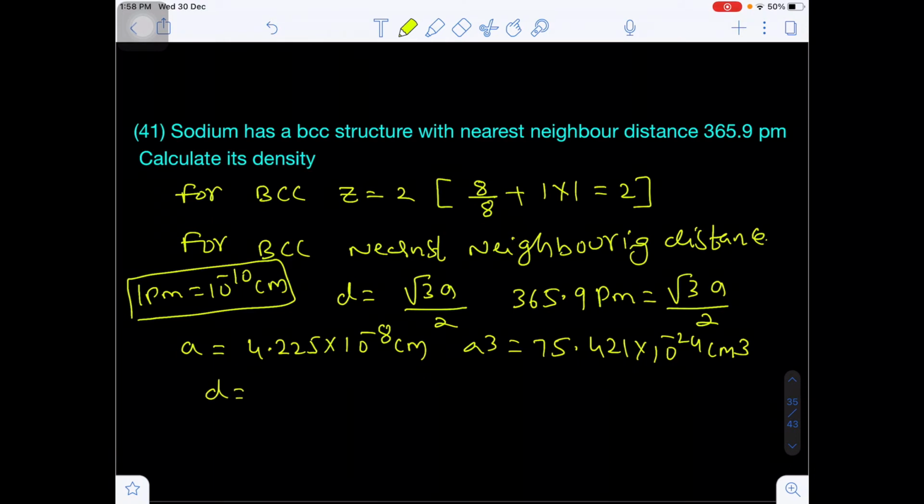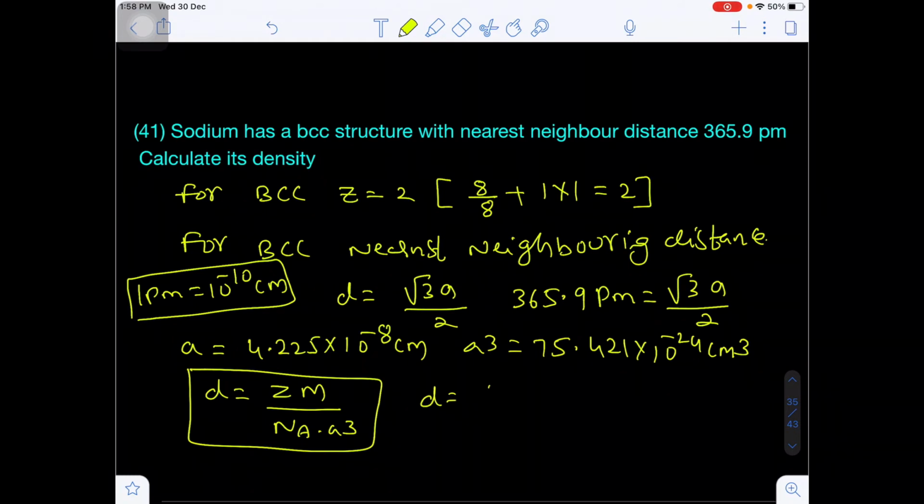From here what will be the density formula? Z into M, that is the molar mass, divided by Avogadro constant into volume of the unit cell. From here density value equal to 2 into what is the molar mass of sodium? 23. Do you know atomic mass of sodium? 23. Okay.